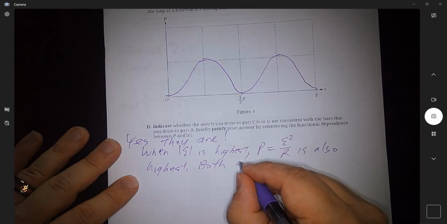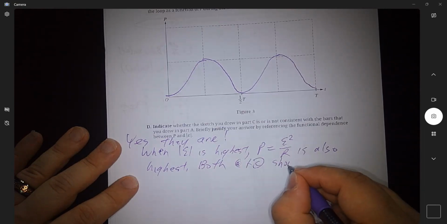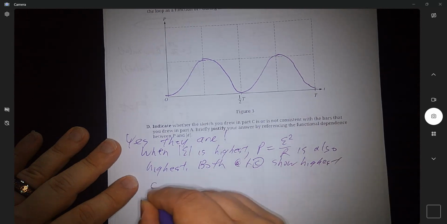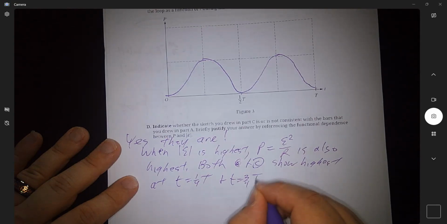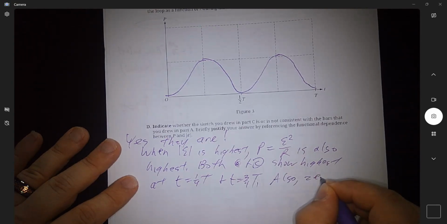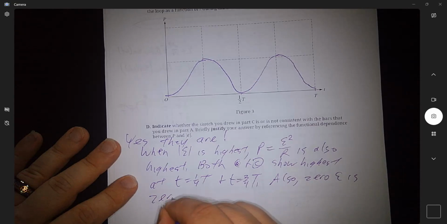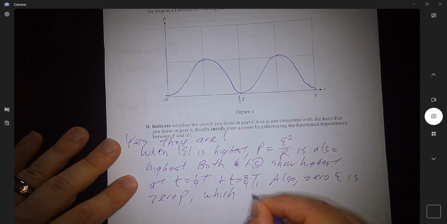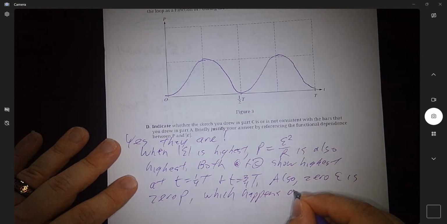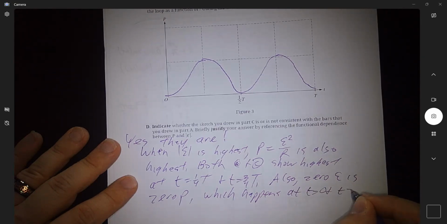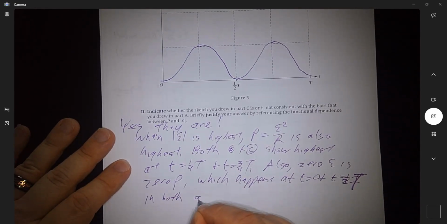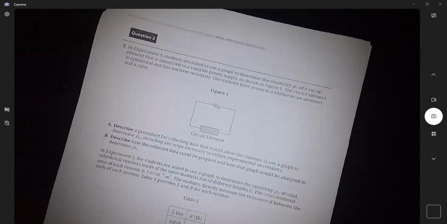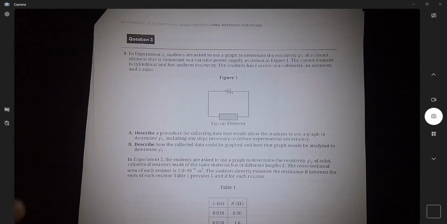Both A and C show the highest at t equals 1/4 of the period T and t equals 3/4 of the period. Also, 0 EMF is 0 power, which happens at t equals 0 and t equals 1/2 T in both A and C. Okay, that was a clever one. I did not know where that was going, and I was very, very happy with it.